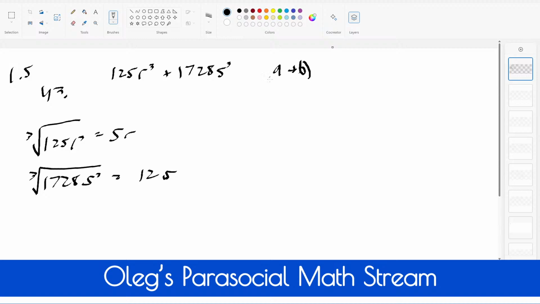So we have a cubed plus b cubed is equal to, decompose, a plus b, same sign, and then we have a squared, different sign, plus ab, always positive.